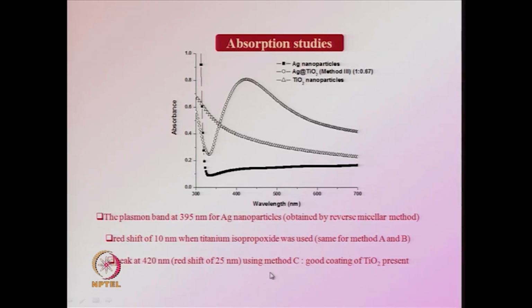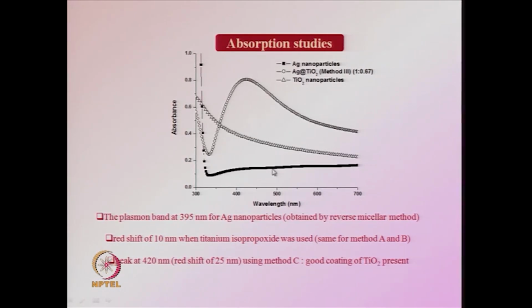Okay. Now, if you use some other methods, you can see the shift may be different. So, you can have various types of shifts depending on the type of shell, the shell thickness you have. If you have uniform coating of the core particle by the shell, you have a larger shift.